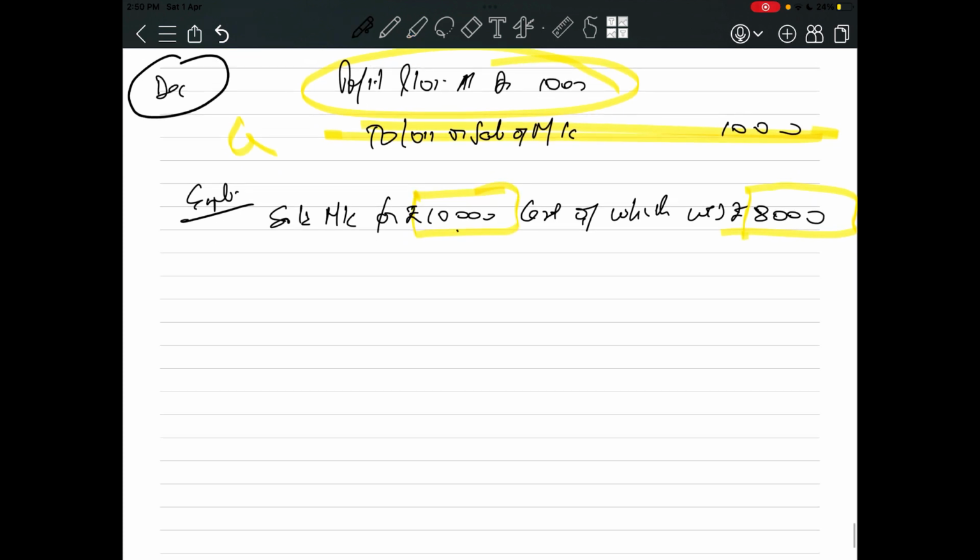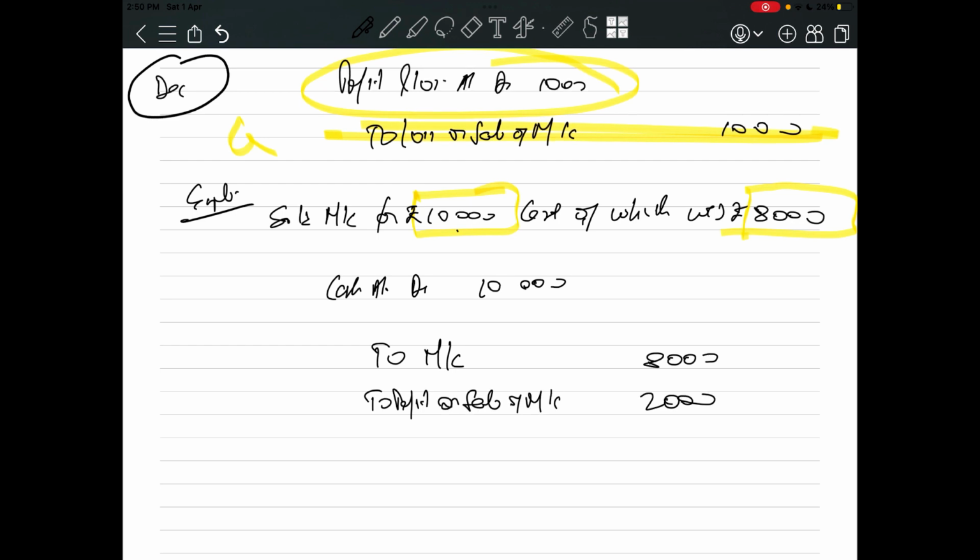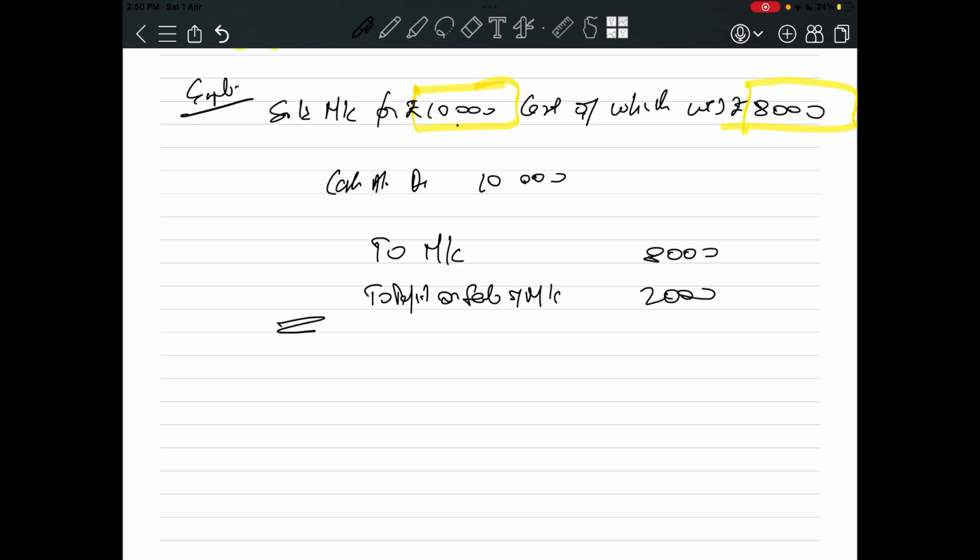So how will we record this entry? When we sell the machinery, cash is coming in, so cash account debit, how much? 10,000. Machinery is going out, so we will credit machinery, how much? 8,000. You see, there is a difference of 2,000. So this will be your profit on sale of machinery, 2,000. Simple. Now at year end, this will be reversed.